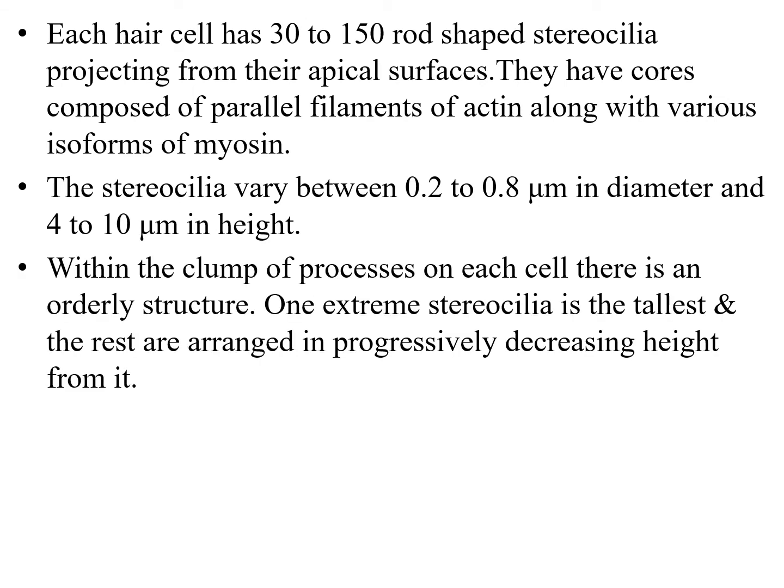Within the clump of the processes on each hair cell, there is an orderly structure. It means these stereocilia are not haphazardly ordered. There is an arrangement. And what is that? One extreme stereocilium is the tallest, and the rest are arranged in progressively decreasing height from it.